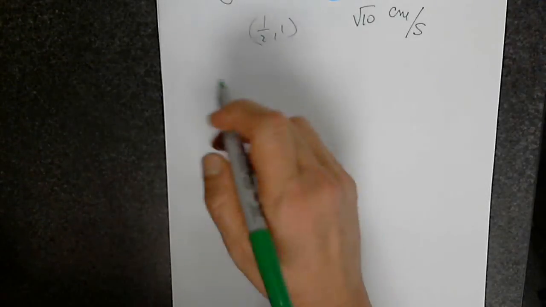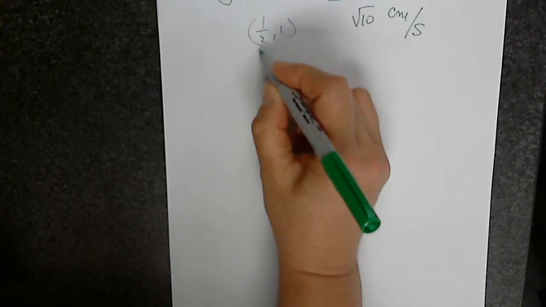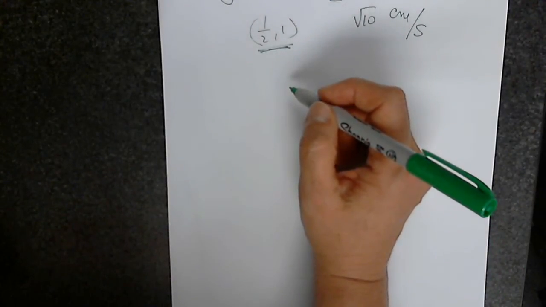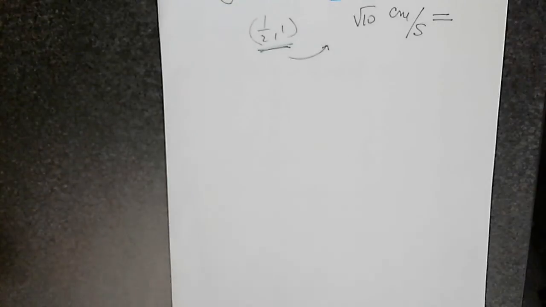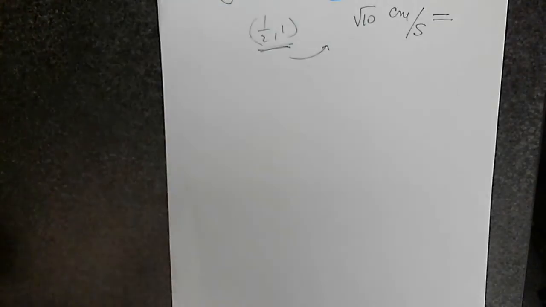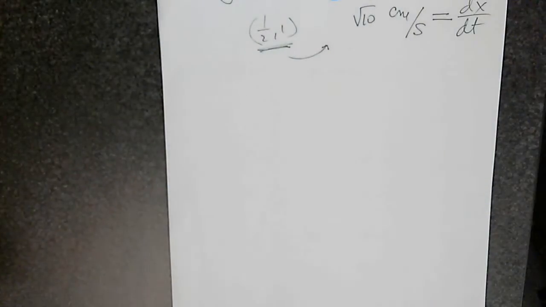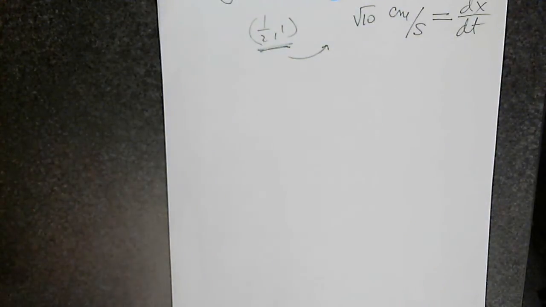A particle moves along this curve, and as the particle passes through this point at this instant, its x coordinate increases at this rate. What does this mean? dx dt. Very good. dx over dt is the square root of 10 centimeters per second. How fast is the distance from the particle to the origin changing at this instant?